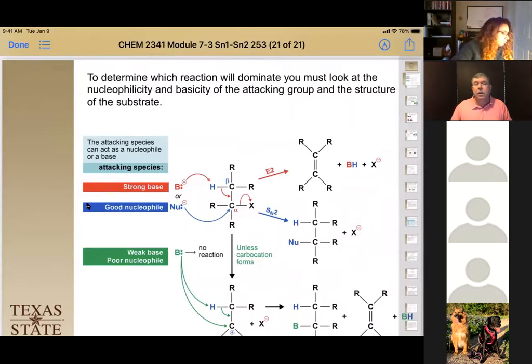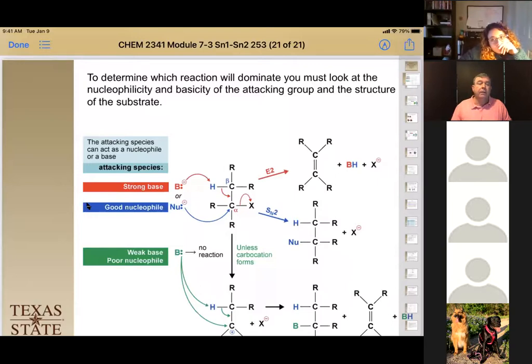But what if we have a weak base and a poor nucleophile? Well, a weak base and poor nucleophile tells me that we're probably going to end up going through a carbocation, because we don't have enough to pull a hydrogen off, and the nucleophile is not strong enough to react by itself. So think carbocation, like water. Water is a weak base and a poor nucleophile.